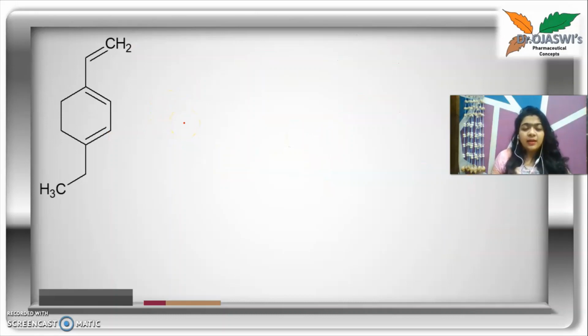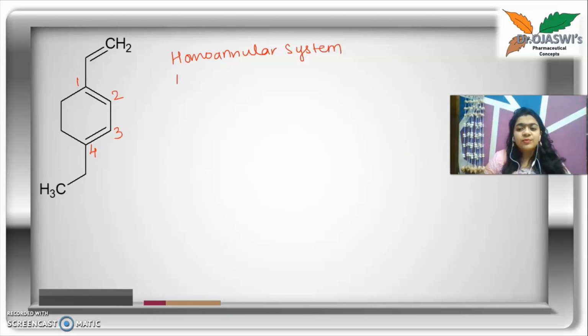This is the next structure. Now here also I see the homoannular system, that is both the double bonds are present in one ring. So 253 units can be taken as the base value.